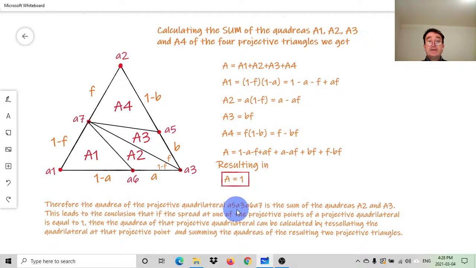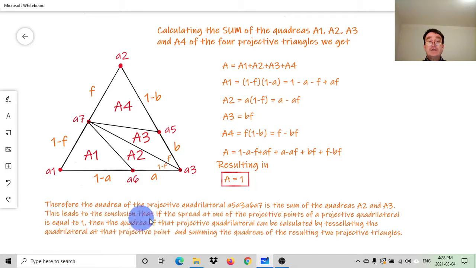So what we can say is the quadria of the projective quadrilateral A5, A3, A6, A7 is the sum of the quadrias A2 and A3.